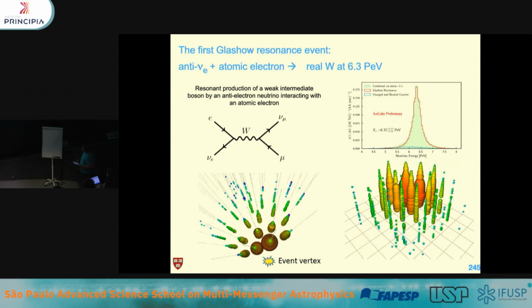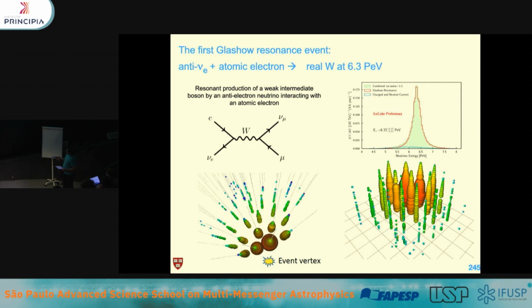We announced, I think this was in 2020 or 2021, the observation of the first Glashow event. So this is actually a real W that's produced in an electron antineutrino interaction. Remember, this is a nu-e-bar that interacts with an electron, makes a real W. And in particular, this W actually decays hadronically. This was a very difficult analysis because this interaction point was not contained within the detector instrumented volume.